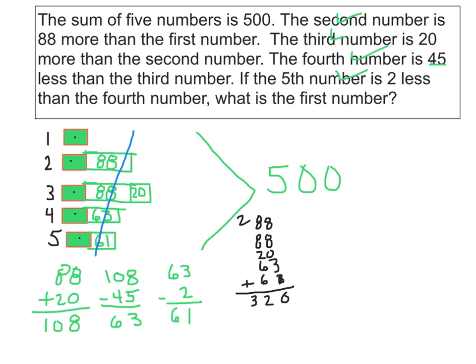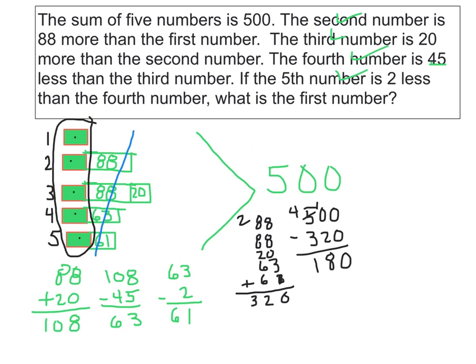So then I'll take the 500, and I'm going to take away that 320, which would leave 180.